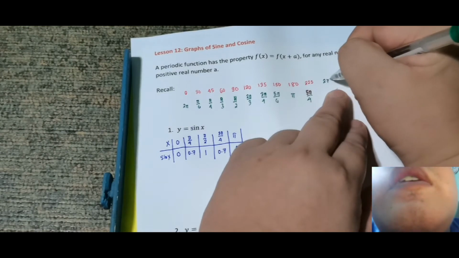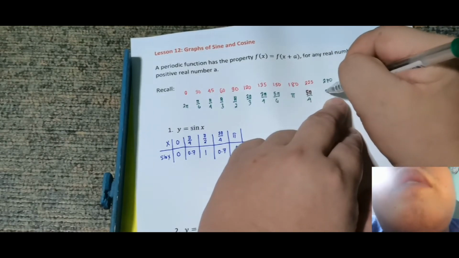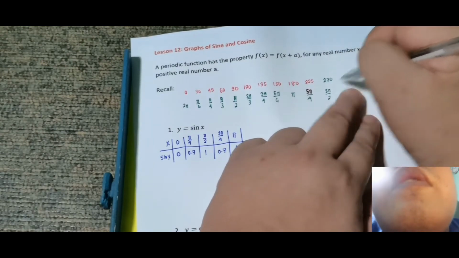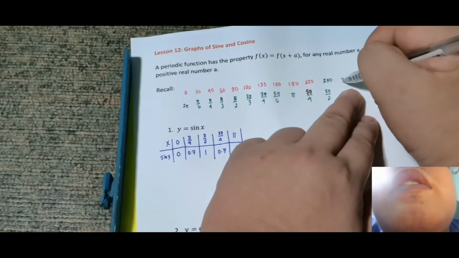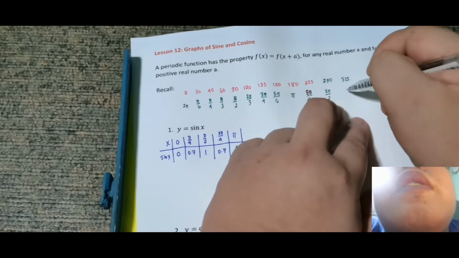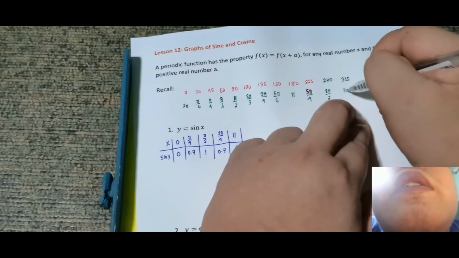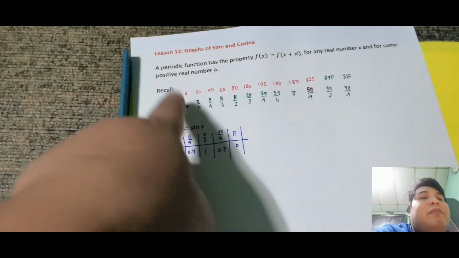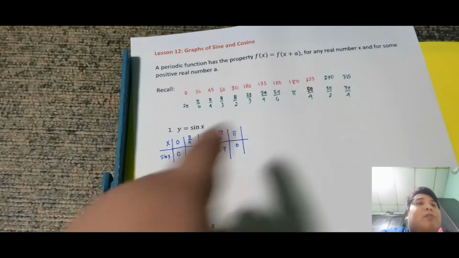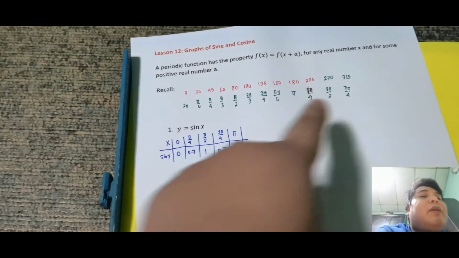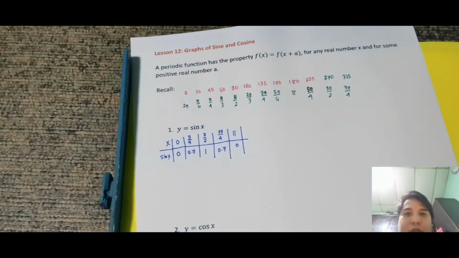So 270, that is 3 pi over 2. Then plus another, that is 315. That is 7 pi over 4. Tapos 360 na. Babalik na dito. Okay, so tapusin ko hanggang dito, sa 7 pi over 4 para makuha natin lahat ng values.